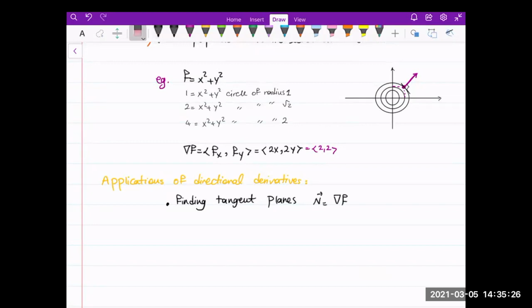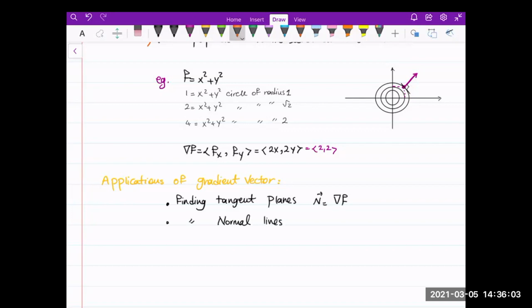Oh, my mistake. These are applications not of the directional derivative, but of the gradient vector. One of them would be to find tangent planes. The other one is to find normal lines. What are normal lines?